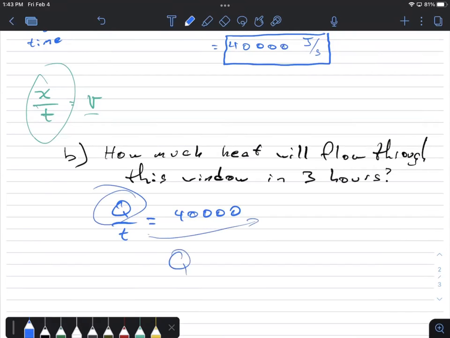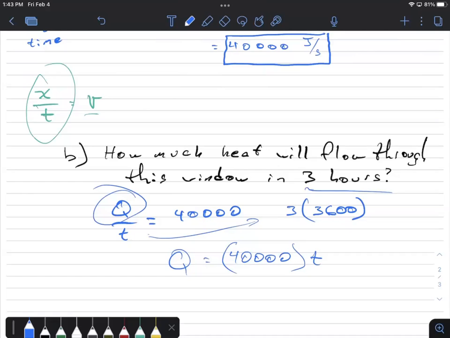You get the total energy is going to be the heat transfer rate, 40,000, times how long am I waiting? Well, in this case, I'm going to wait 3 hours. Now, hours is a bad unit. Remember, in physics, we're always using seconds. So I have to convert 3 hours to seconds. So I multiply by 3,600 seconds in an hour.